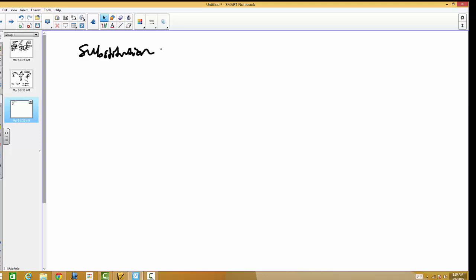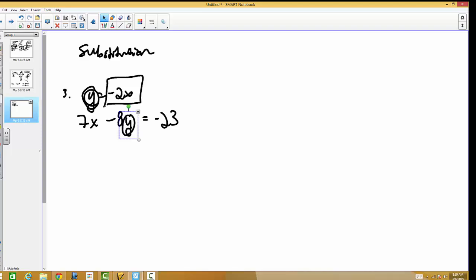The first problem in substitution on your quiz was y equals negative 2x. The second problem was 7x minus 8y equals negative 23. When you're substituting, one of the letters is solved for. That's right here. This is the same exact letter. And in here it says y equals negative 2x. So we're going to rewrite 7x minus 8.